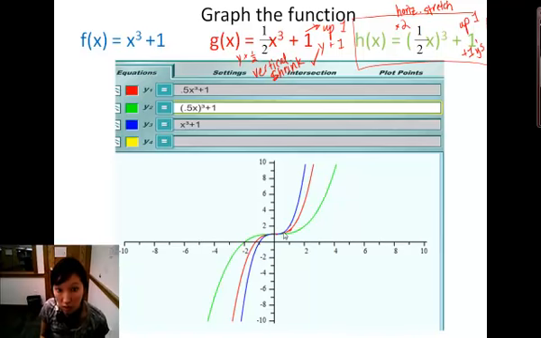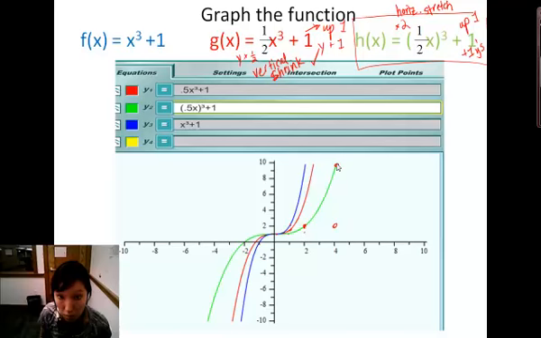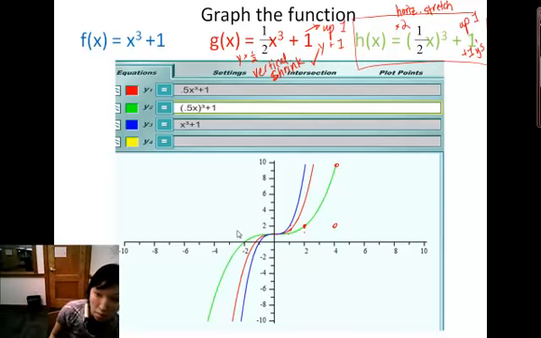So here we shifted our parent function up, and now instead of going over 1, up 1, we're going to go over 2 and then up 1. Instead of going over 2, up 8, we're going to go over 4, up to 8, which would be up here. Same thing with the backwards motion.